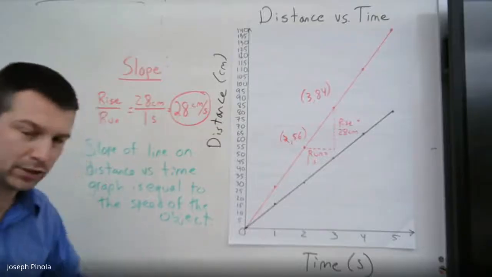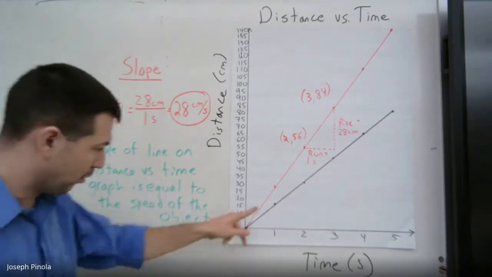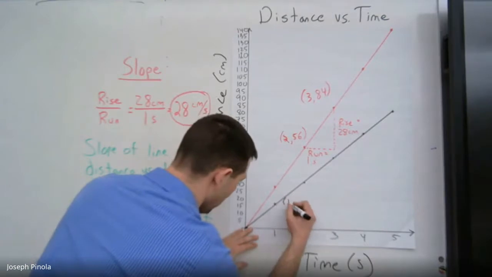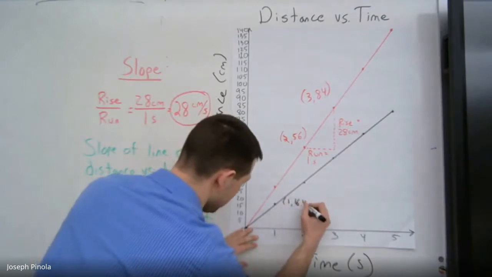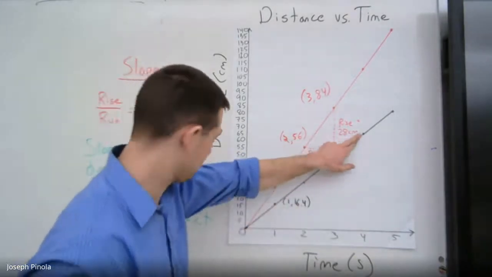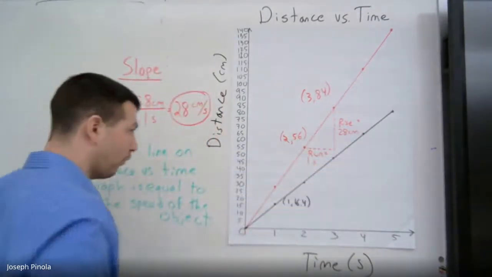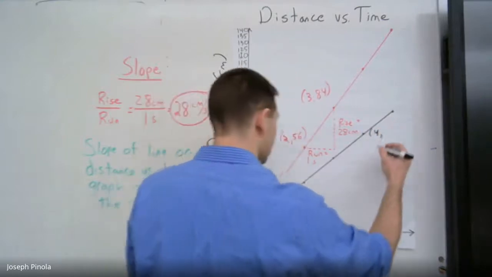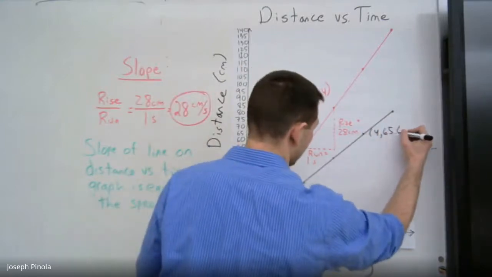Let's do the black train as well. I'm going to pick two random points. Let's choose this point, which is 1, 16.4. And let's also pick this point. This point is 4, 65.6.